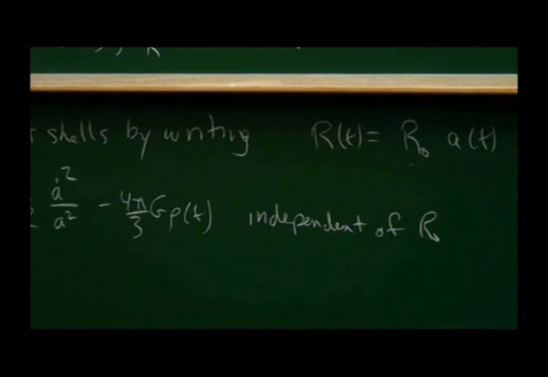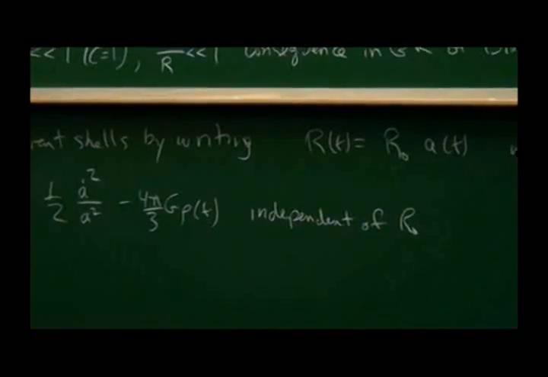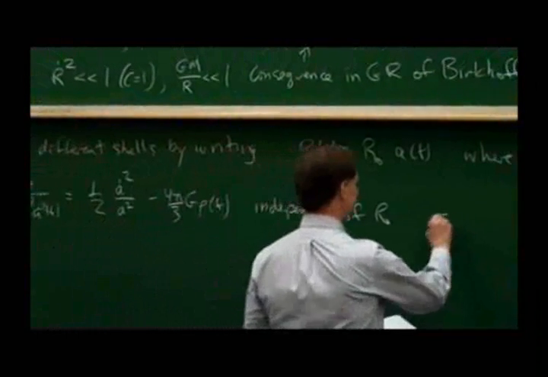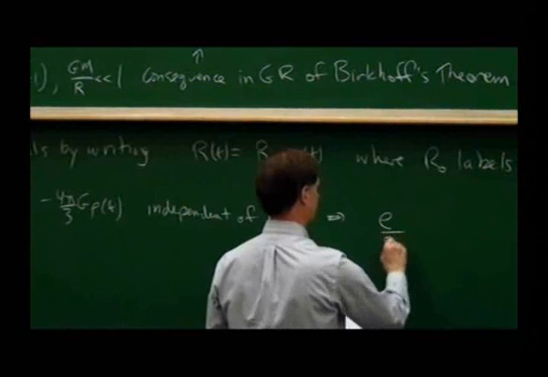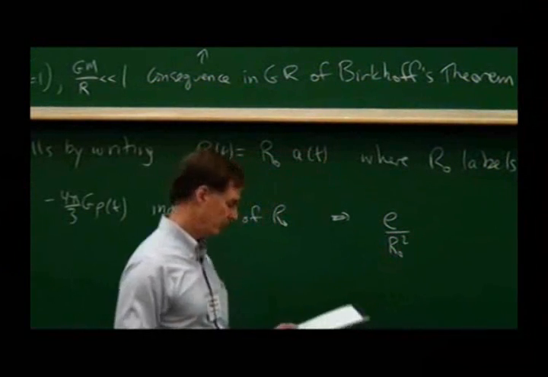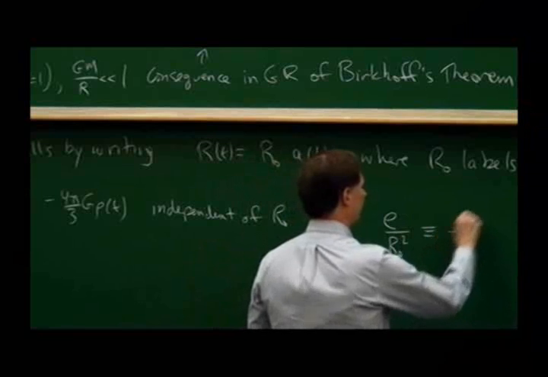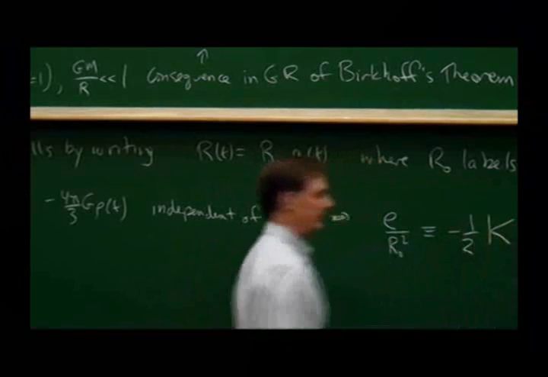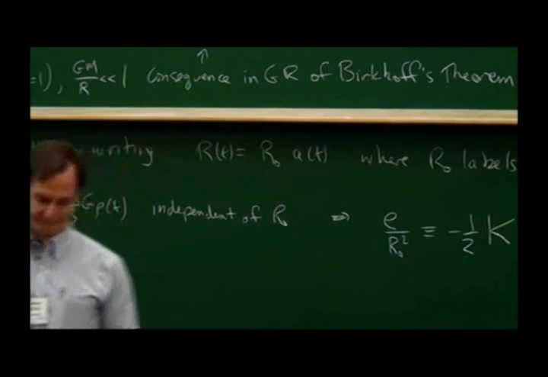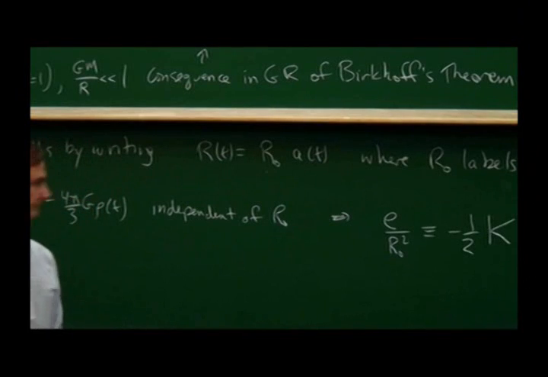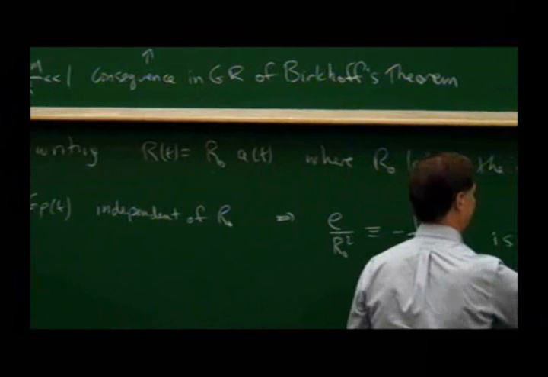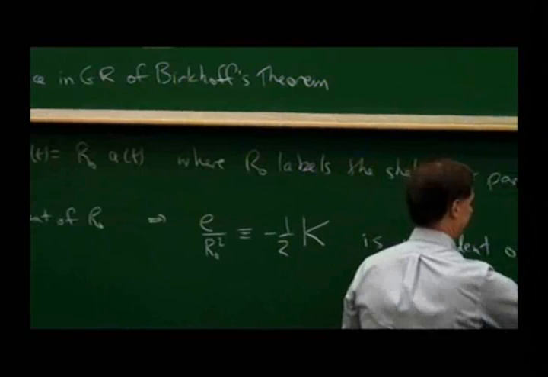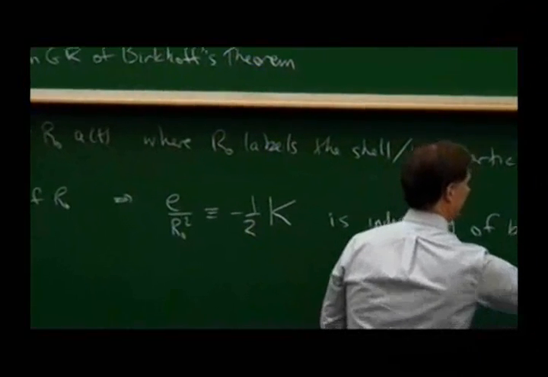That means that E must be proportional to R0 squared. Or E over R0 squared is a constant, and I choose to call that constant minus 1/2 capital K. And this K is independent of both t and R0.